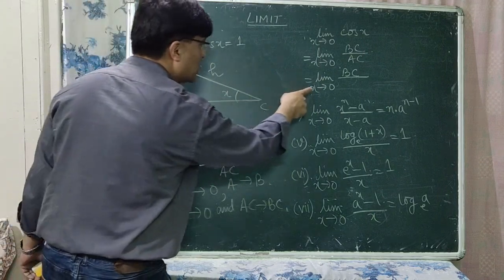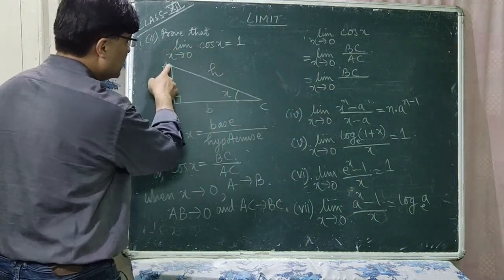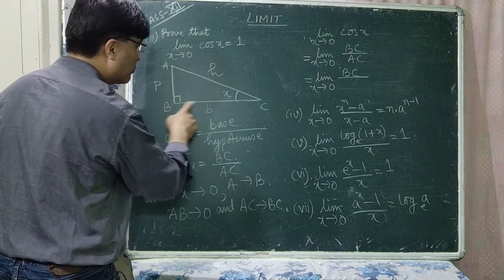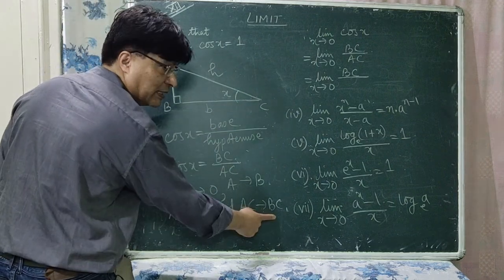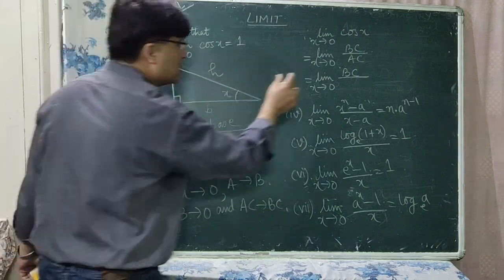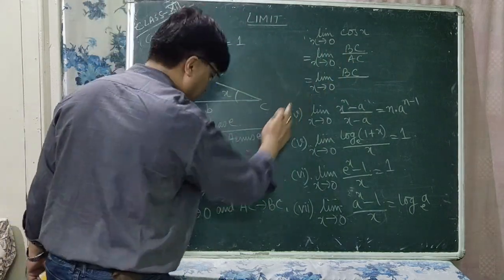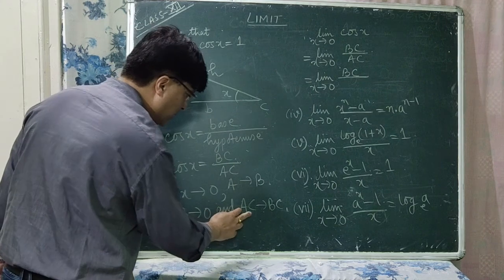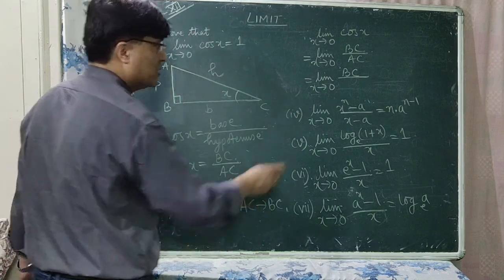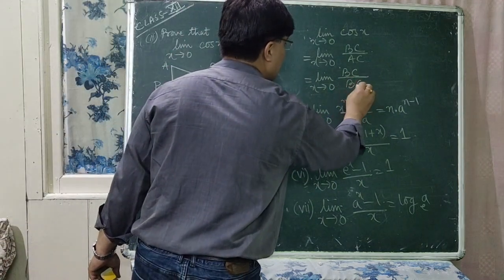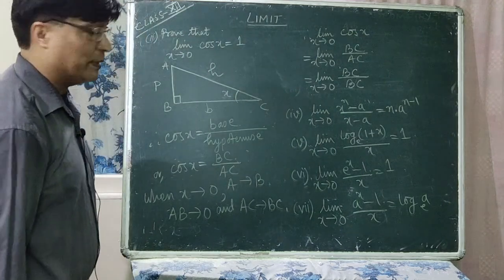When x approaches 0, this AC also approaches BC, isn't it? So instead of AC, we can write BC, because when x approaches 0, AC tends to BC.